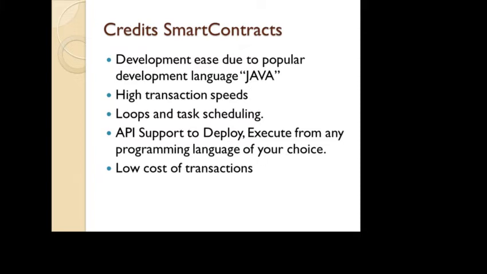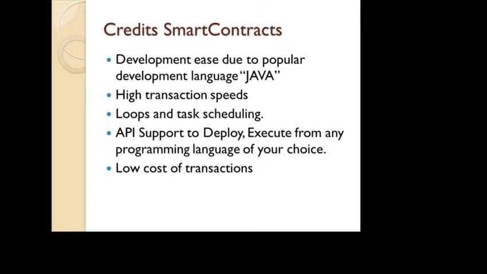So when there is a possibility to convert the existing code from a centralized system into a decentralized system, when it is Java, it is easy to port that code, right? Because you already have the code in Java. It is easy to port into the blockchain because here also we are using Java only. There may be a learning curve involved, but it's not going to be as steep as Solidity, right?